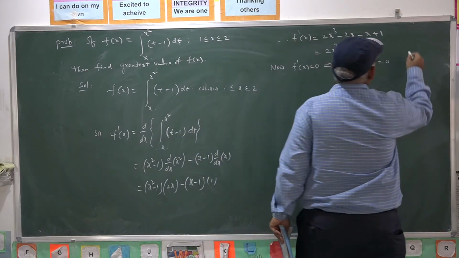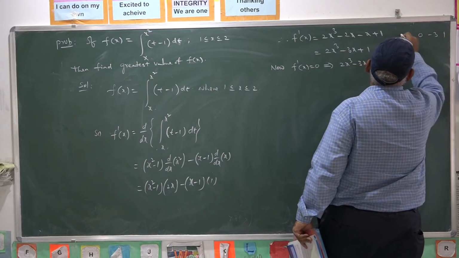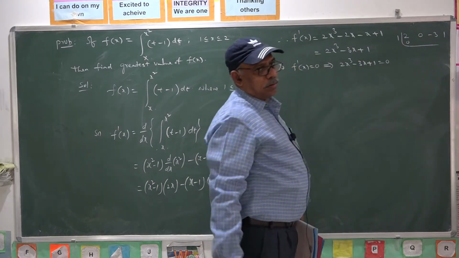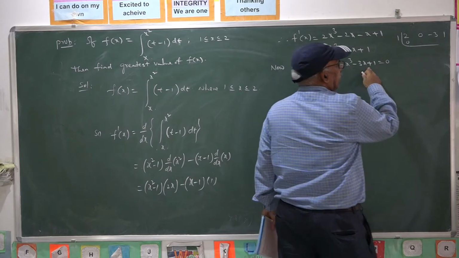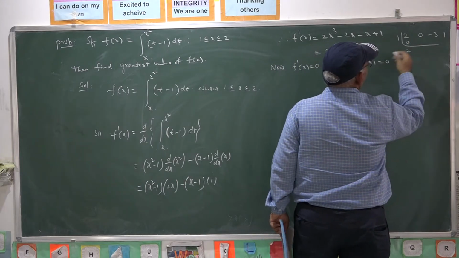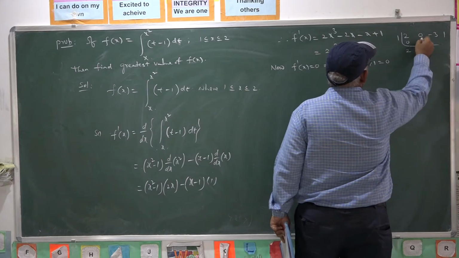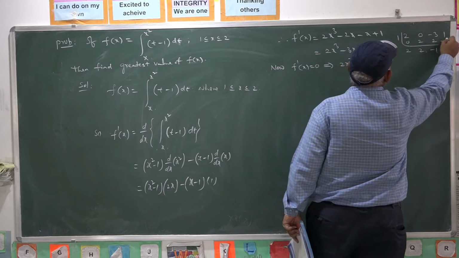So by synthetic division method, divide this cubic expression with 1, because 1 satisfies that equation. So by synthetic division we can find the other factors. 2, adding 2 into 1, 2; minus 1 into 1 minus 1, 0.